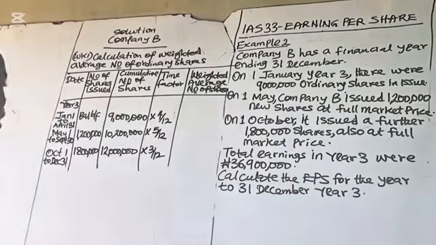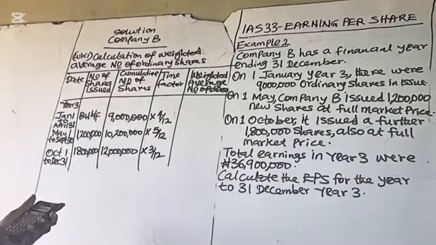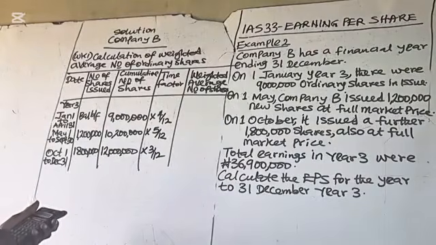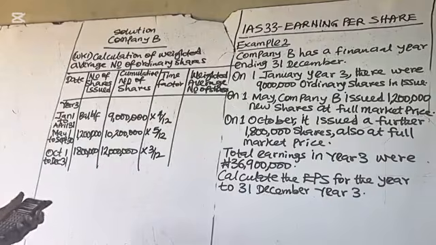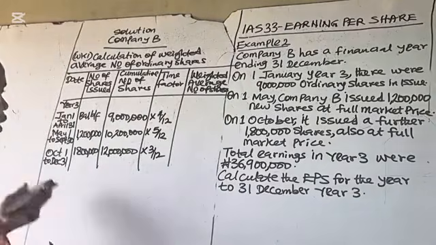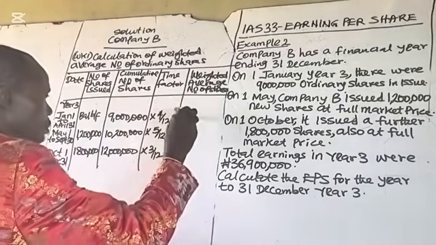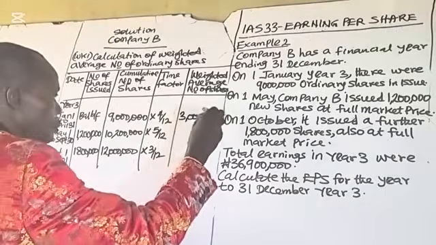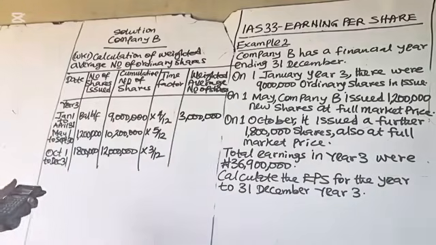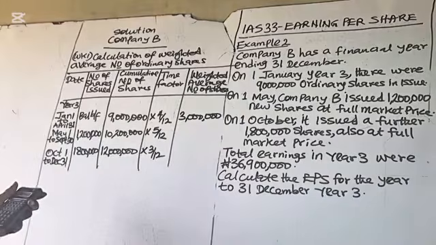Now, 9 million times 4 over 12. That gives us 3 million shares. 10.2 million times 5 divided by 12.